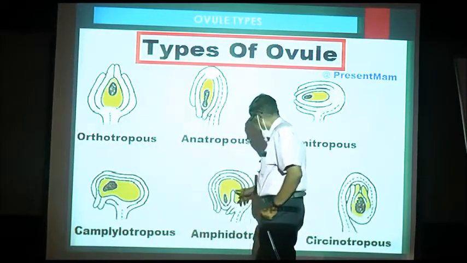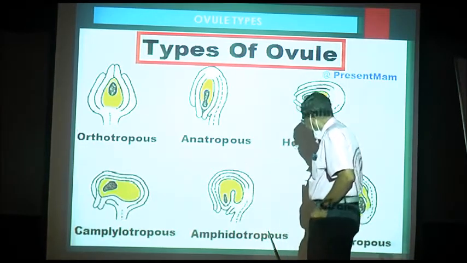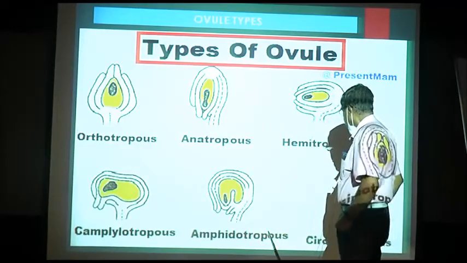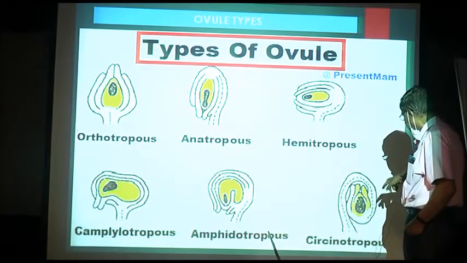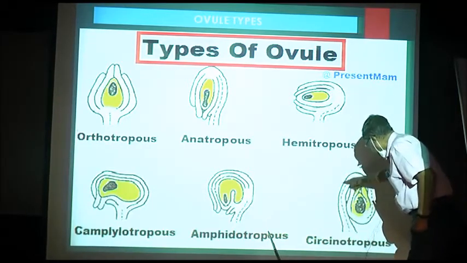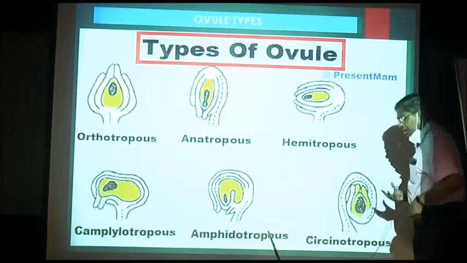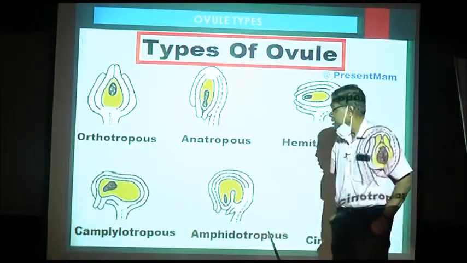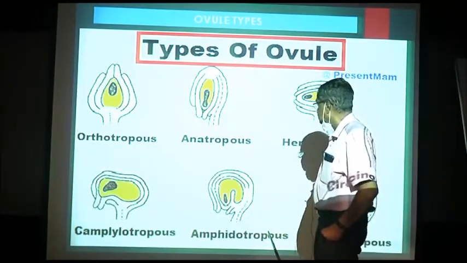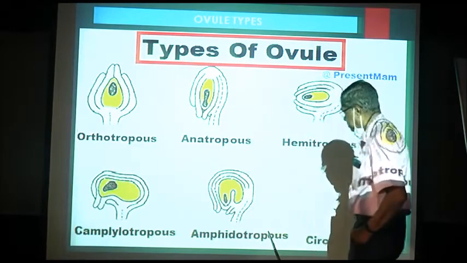Campylotropous is C-shaped, amphitropous, and this is circinate. You see, it has taken a total circle and it has again come up. This is called circinotropous.